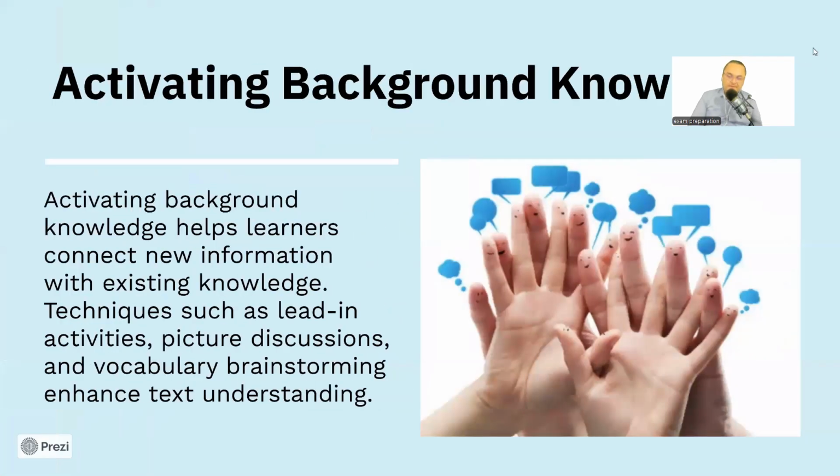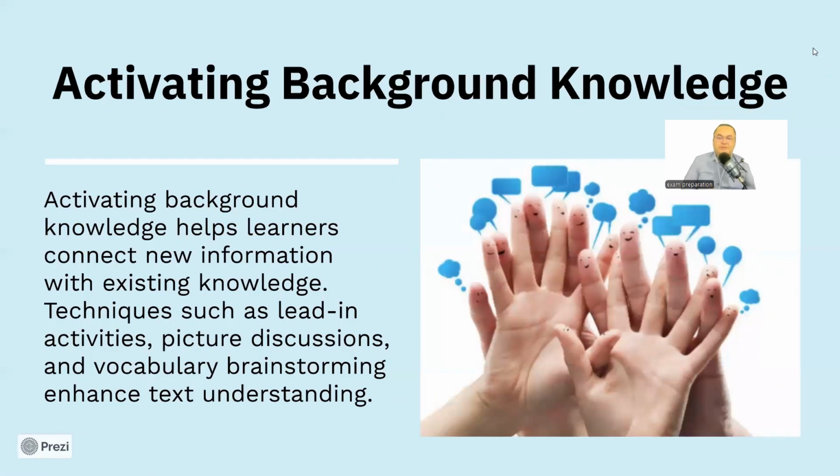Then we have activating background knowledge, or prior knowledge, previous knowledge. Activating background knowledge helps learners connect new information with existing knowledge. Techniques such as lead-in activities, picture discussions, and vocabulary brainstorming enhance text understanding. So, you are going to have them read something related to global warming.